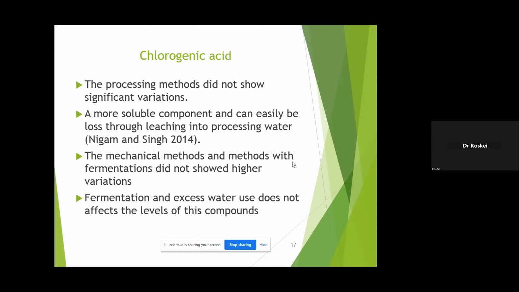Being considered a more soluble component, it can easily be lost through leaching, but there was no indication of loss for the methods that use fermentation and excess water. The mechanical methods and methods with fermentation did not show variation in this component. Fermentation and excess water use do not affect the level of these compounds.